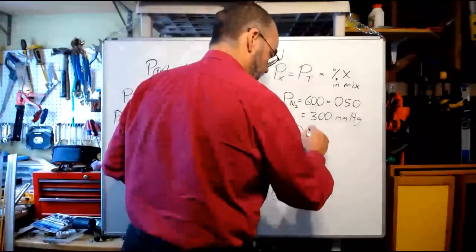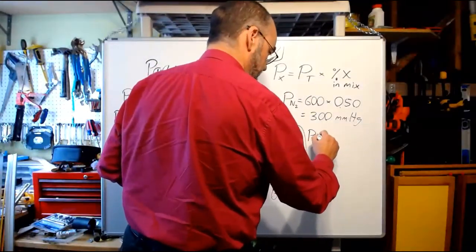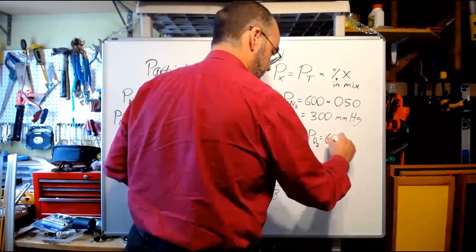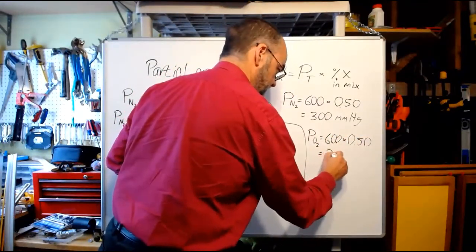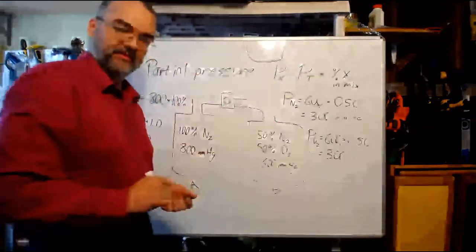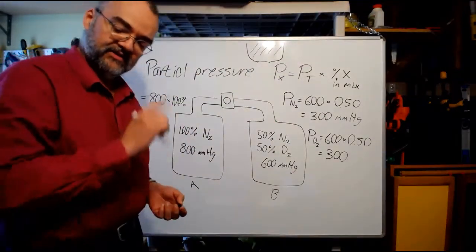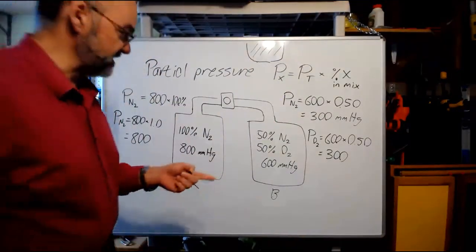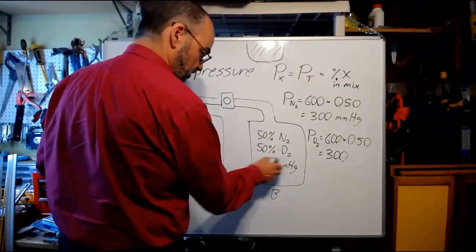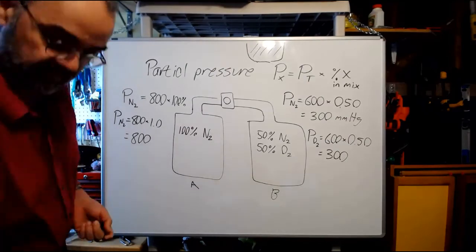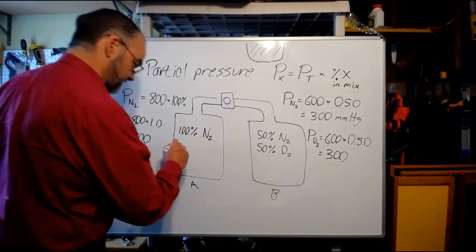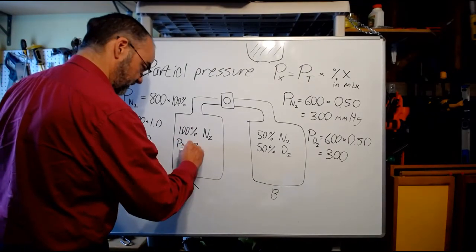And the partial pressure of oxygen is 600 times 50%, which is also 300 millimeters of mercury. So let's take a moment to list the partial pressures. So we're going to say that's a PN2 of 800.